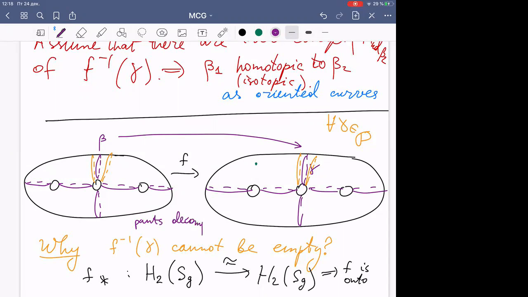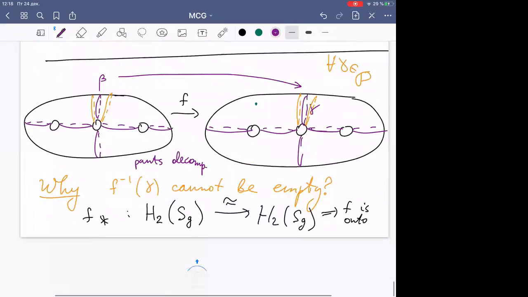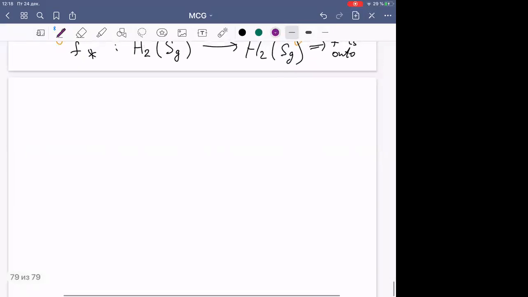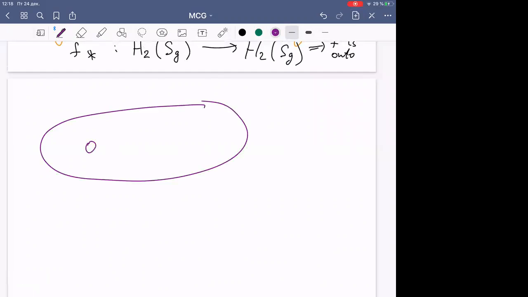Why? Okay, it is not so hard to characterize when three disjoint curves, gamma 1, gamma 2, and gamma 3, on a surface bound together a pair of pants or not.